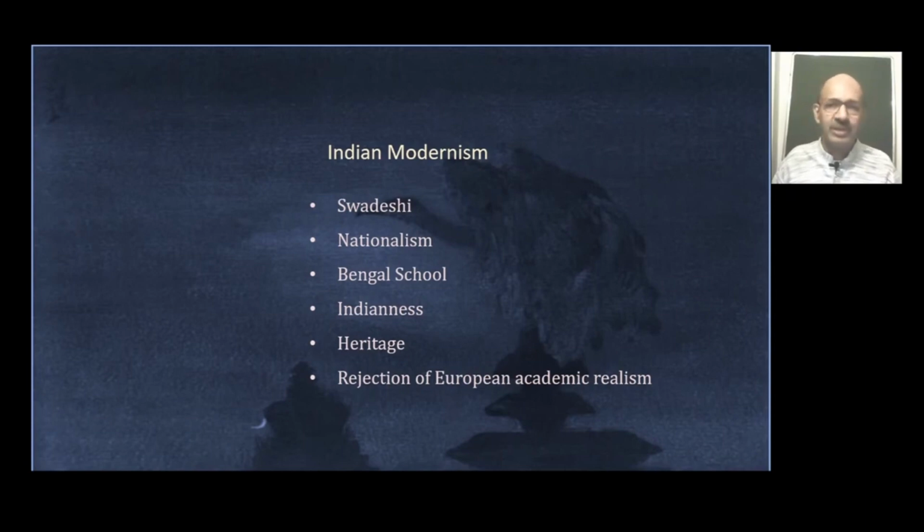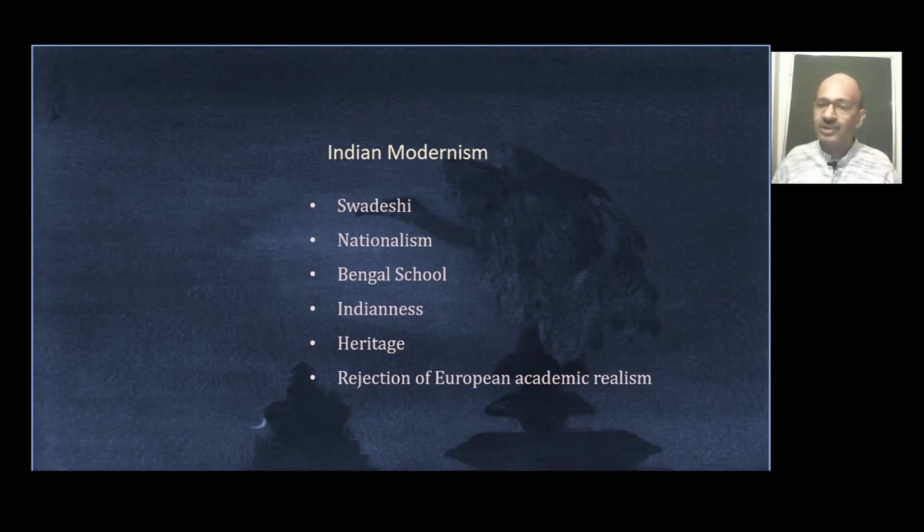You're going to go back to your heritage, but that doesn't necessarily mean you leave your time. So, negotiating the cultural heritage, trying to incorporate certain values of cultural heritage, but very important was the rejection of European academic realism.